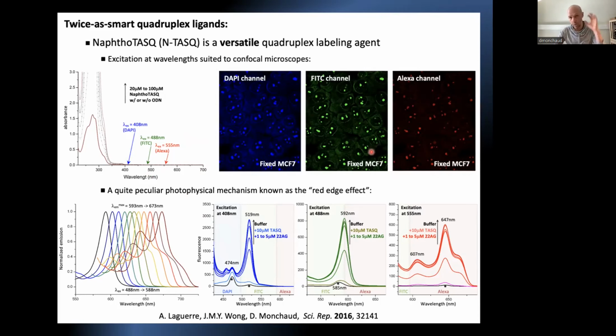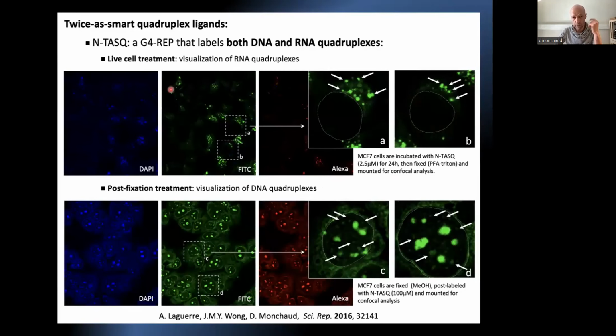So we spent a lot of time to discover this. I won't go too much into the detail of the red edge mechanism, but if you want to discuss this, it is a very fascinating photophysical event.